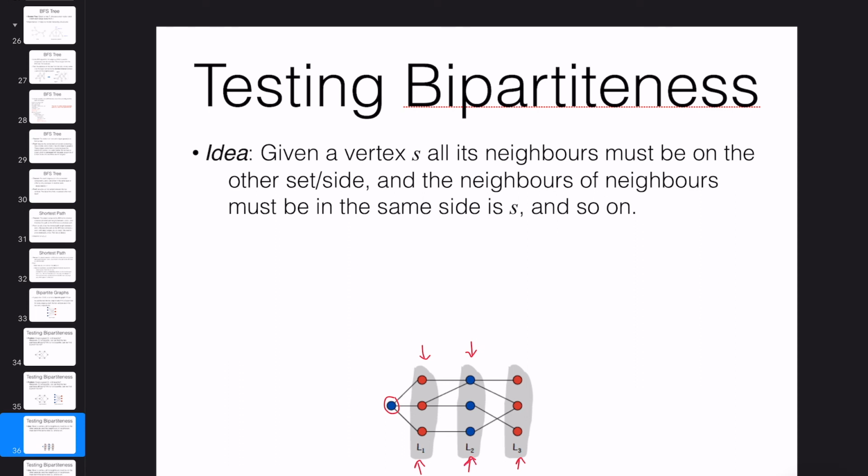All the neighbors of these ones are going to be on the red set, and so on. You can just continue as much as you have nodes in your graph. So it exactly gives me the idea that if I run the BFS, it divides the nodes into different sets just based on the layers.